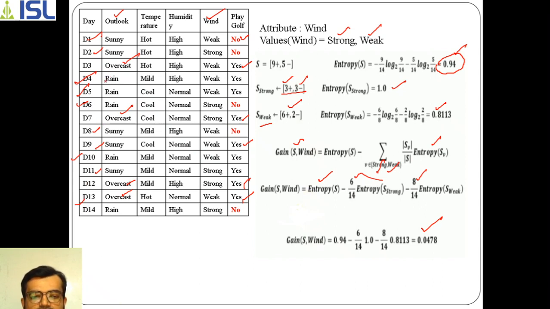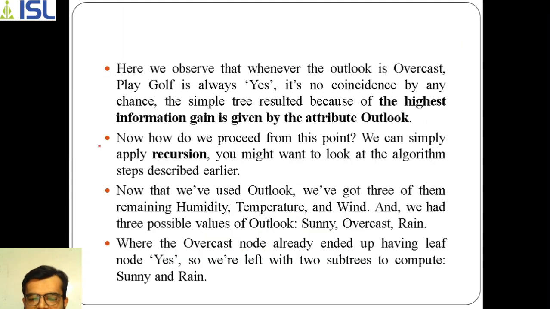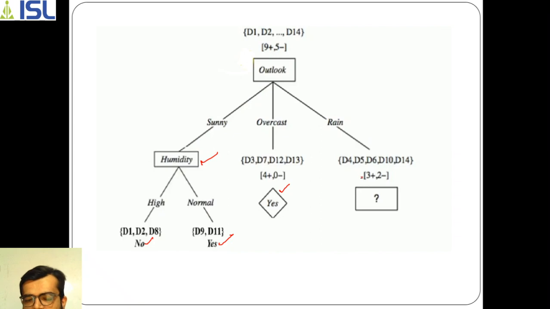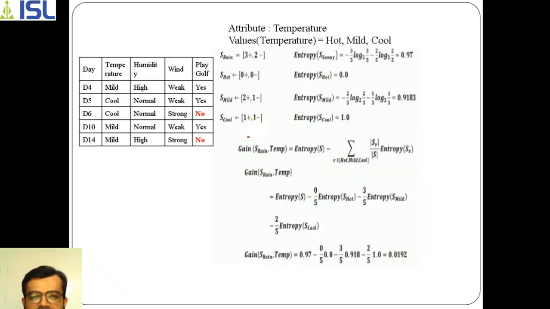So for calculating rain, we have to consider only these 5 rows. Here this data looks in this way.